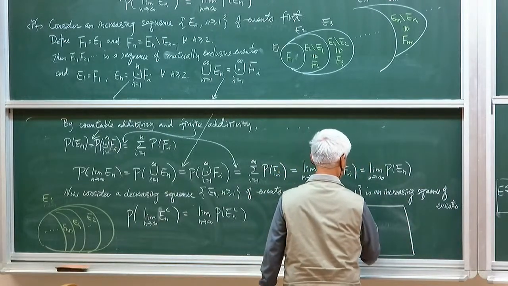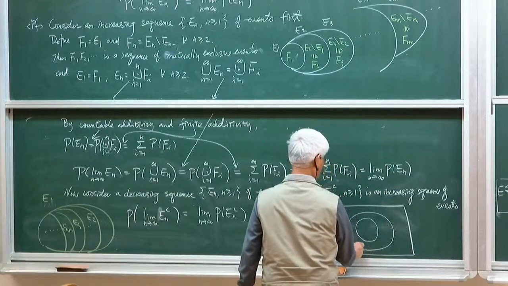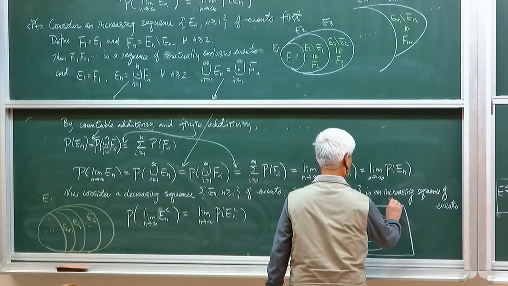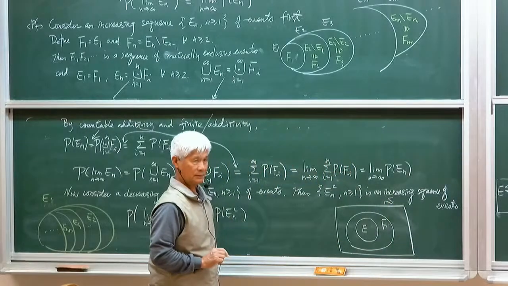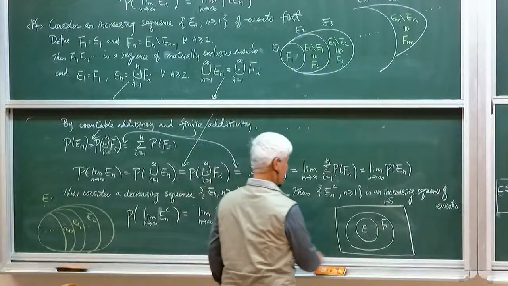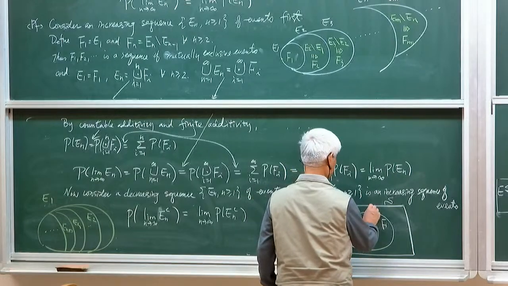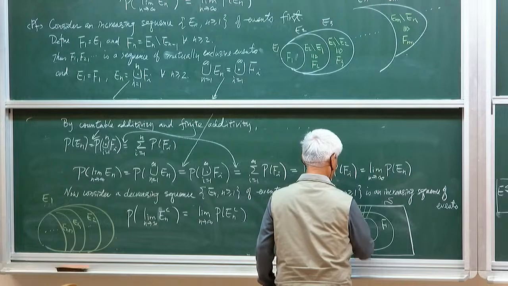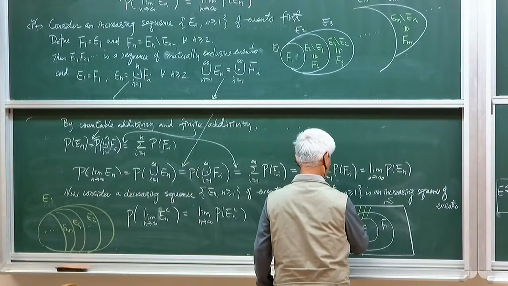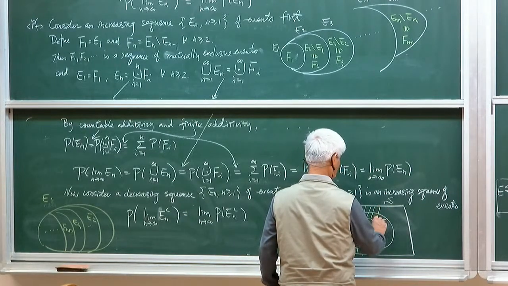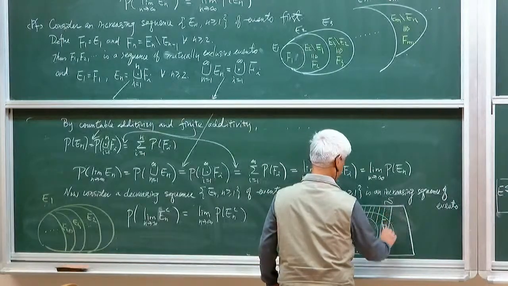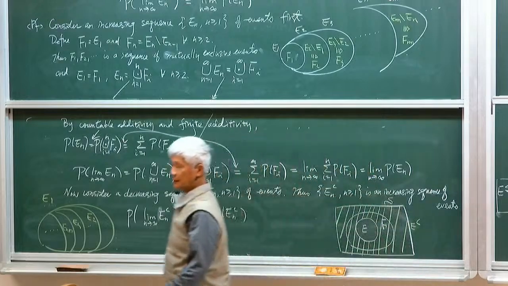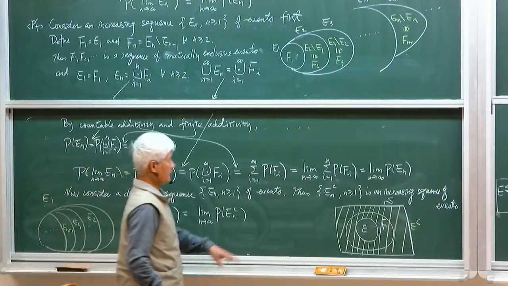So this is the bigger one. You may compare E and F, right? And this is the sample space. And the E complement would be the green part. And F is bigger, right?